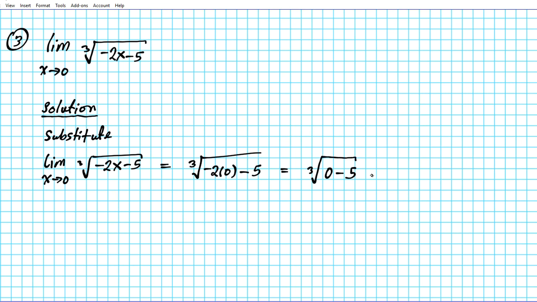And 0 minus 5 is just negative 5, so we're looking at the third root of negative 5. And since the cube root function is odd, this is just equal to negative cube root of 5. And that, ladies and gentlemen, is the value that the function approaches as x gets infinitely close to 0 from the left and right side.